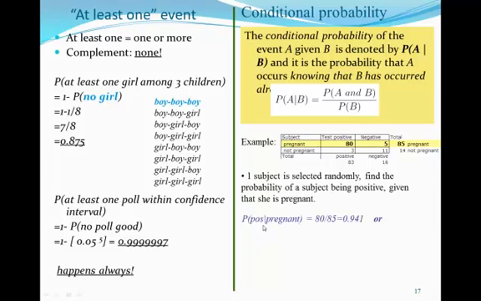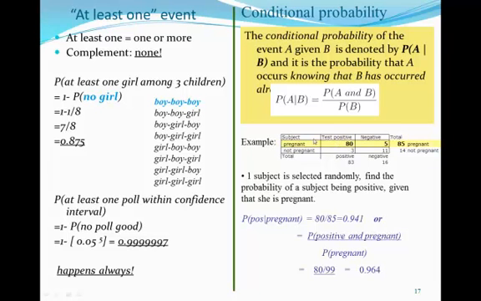So probability of positive given pregnant, using the formula. Probability of positive and pregnant is the intersection of pregnant and test positive, which is 80.